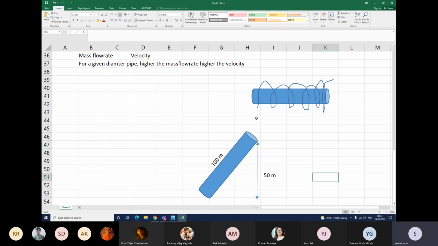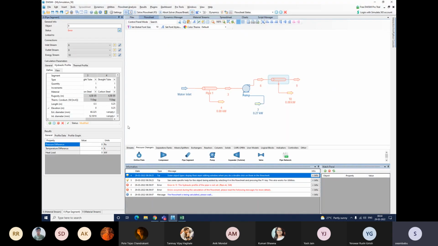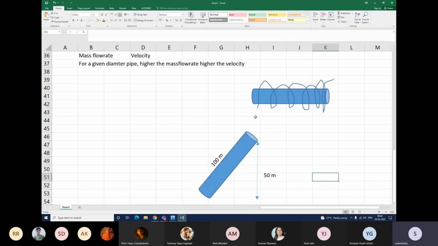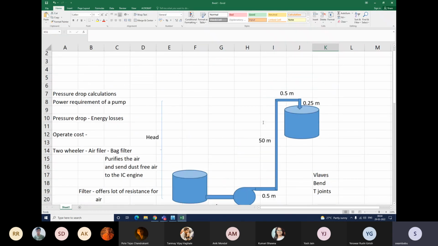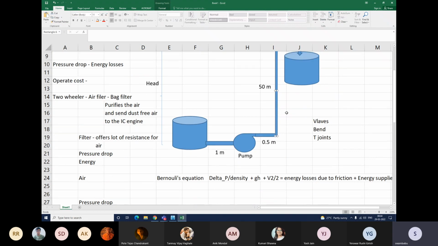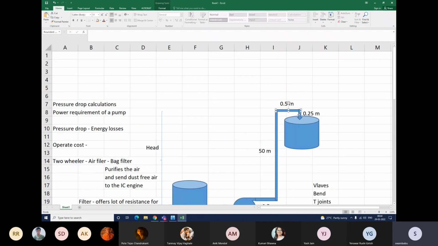So for inclined pipes both vary, but for horizontal and vertical pipes it is very simple. So 2-inch pipe, and I'm taking schedule number 40. Now we have defined segments 1, 2, 3, and 4, all four.